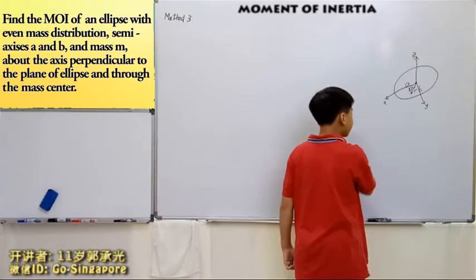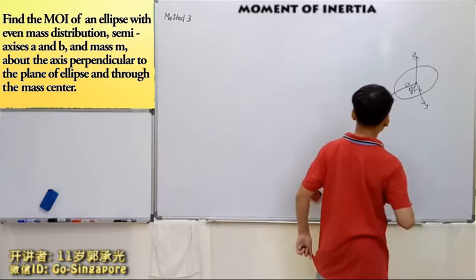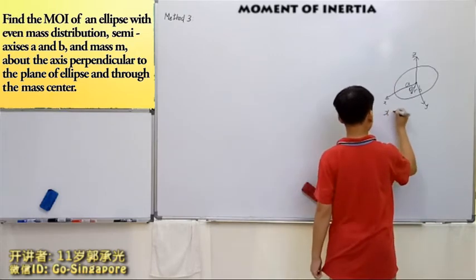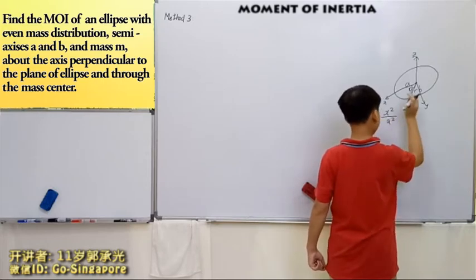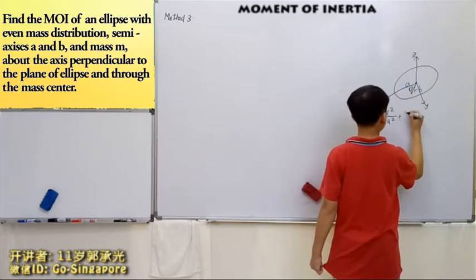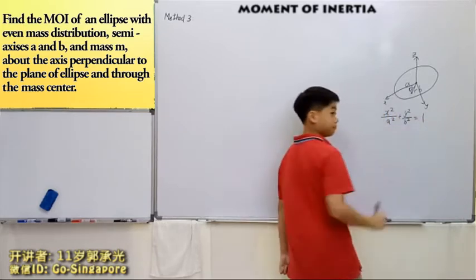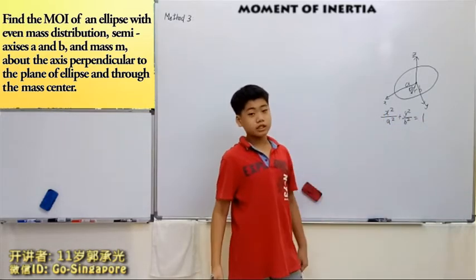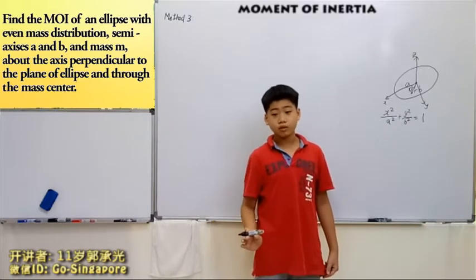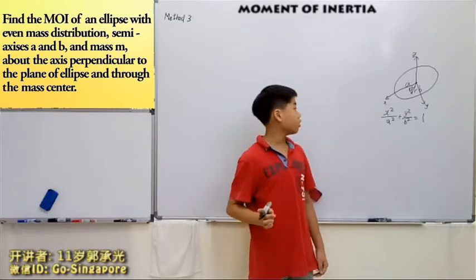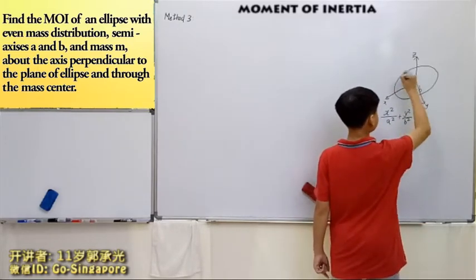We also have a locus equation for this ellipse. The locus equation is x squared over a squared plus y squared over b squared is equal to 1. But you have to be careful. This locus equation is only for its edge.